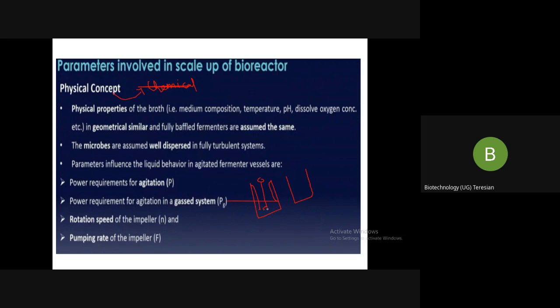Okay, that is your stirrer. So here what happens? We have the sparger, that is, the air is getting sparged into this. Here also we have similarly the air sparger. And here in this fermenter, we do not have the baffles. Only we have the impeller.